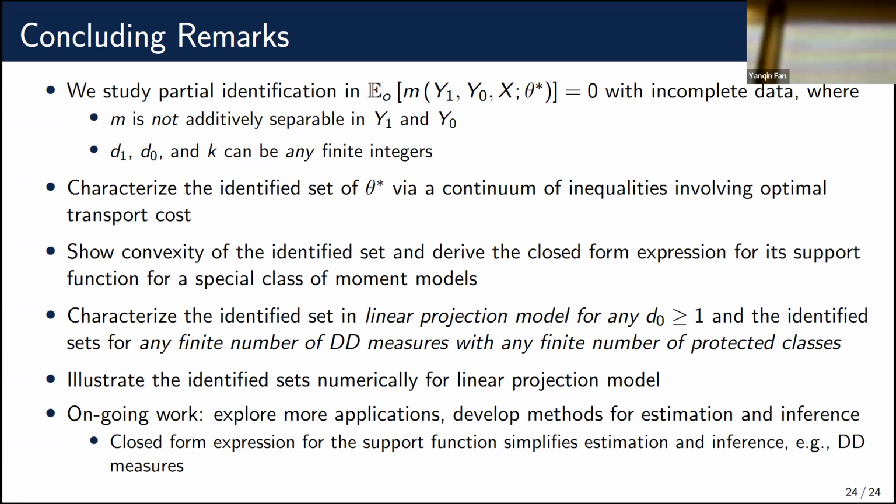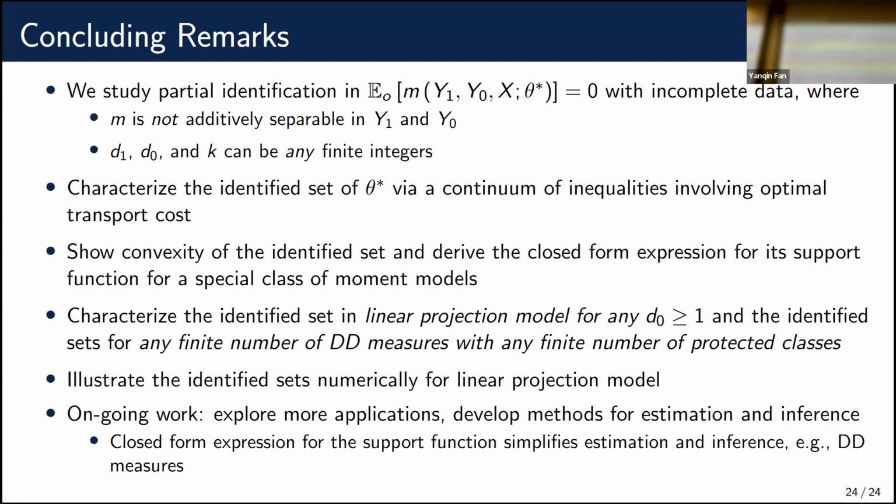We haven't really done much about estimation. It's kind of straightforward, but we haven't really done much about inference. But we believe for the DD measure in Kelly's, they work out inference for the case of J equals 2. That's because the identified set is a closed interval or has closed form expression, so it's easy to do.